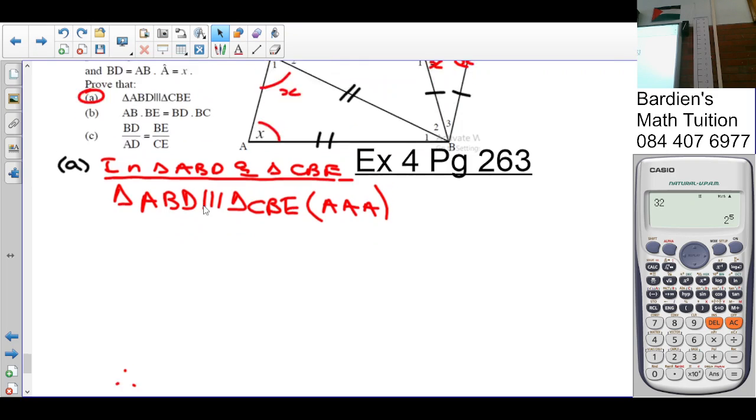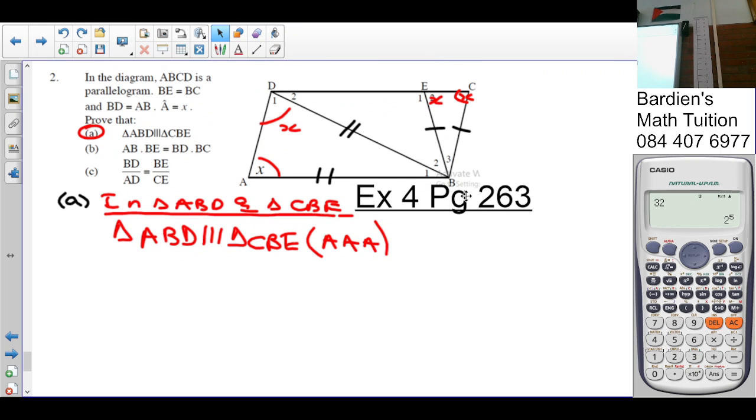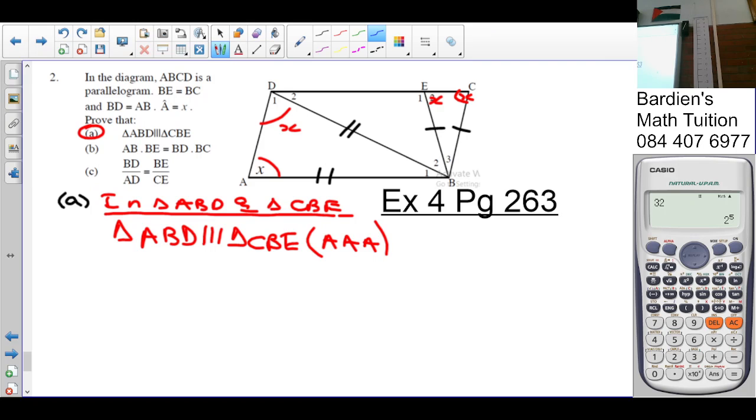Okay, so let's look at B. In B, we are told we must prove. We know that it's going to be a distance question following a similarity question. And the similarity is going to come from these triangles here. So what do we say?